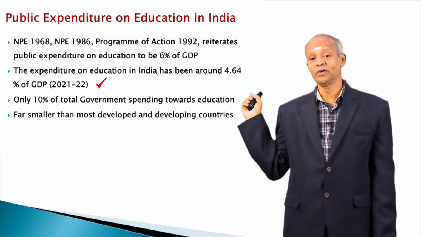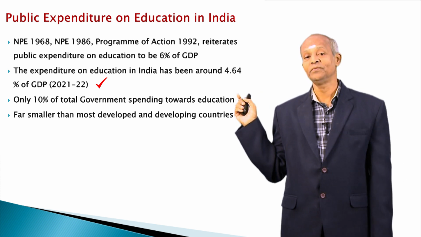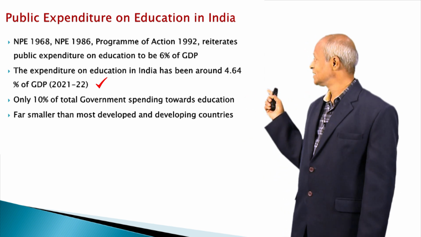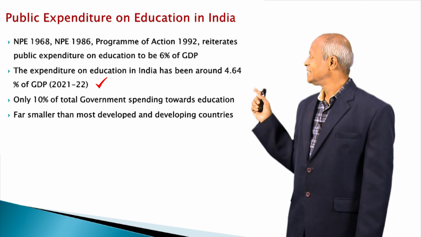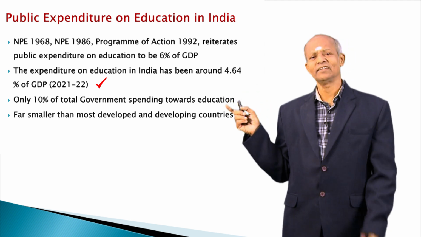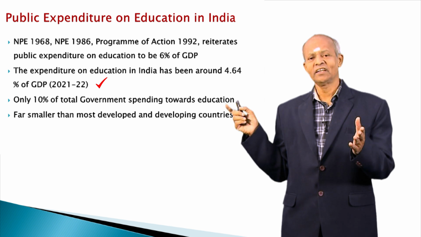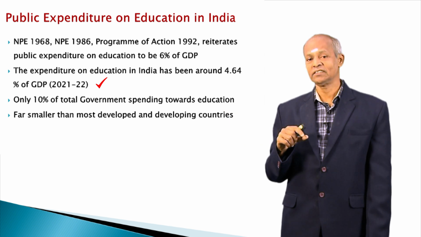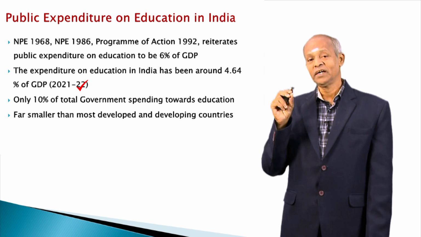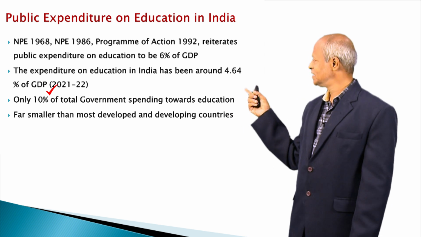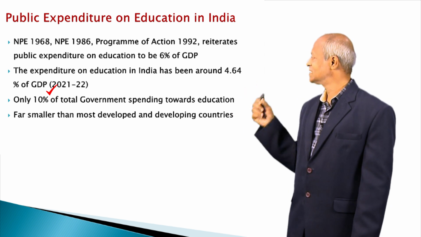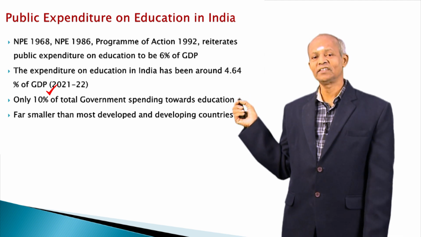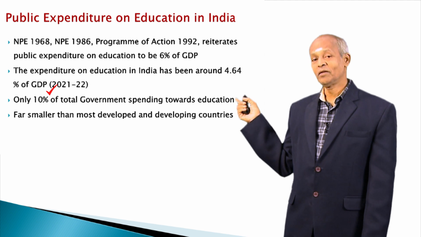So, after the NEP also, the national funding for education is hardly 4.64%. Imagine the number of children in school and university, the number of students may be in crores, but we are spending hardly that much on education, and it is far less in comparison with developed and developing countries.